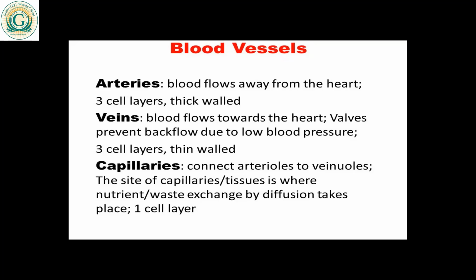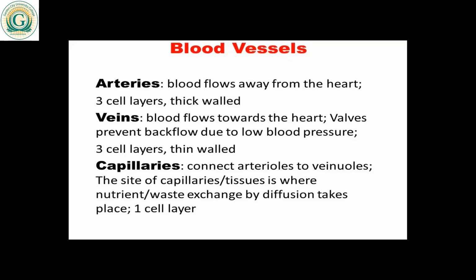So mainly, arteries carry oxygenated blood away from the heart. And they are three-layered, with a thick wall compared to the veins and capillaries. With the veins, we have valves that prevent backflow due to the low blood pressure in the veins. They are also three-layered, with a thin wall.